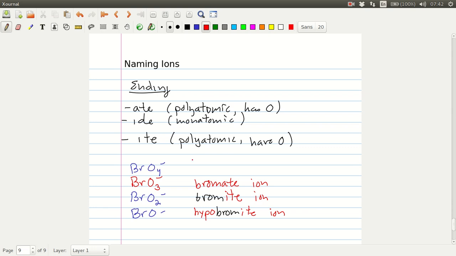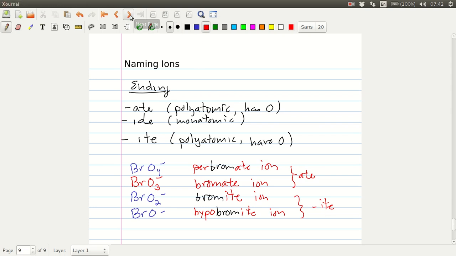Okay, and if we add an oxygen to the parent ion to make BrO4, then we add the prefix per, and then you got your root, your stem, brom, and then the ending is still ATE, and then ion. Notice when the parent and the one that has more, these are the ATE ions. The ones you have less oxygens than your parent, these are ITEs. Okay, that's always true for any relationship between the ATEs and the ITEs.